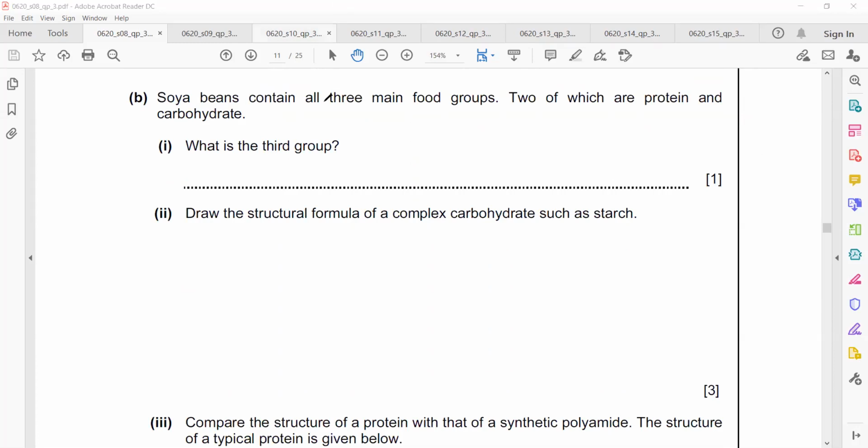Soybean contains all the three main food groups, two of which are protein and carbohydrate. What is the third group? The third food group, which we discuss in condensation polymerization: lipids or fats, you can mention that.